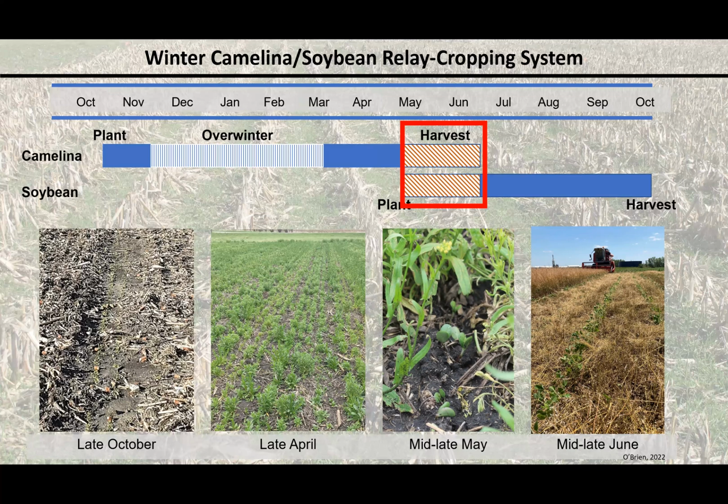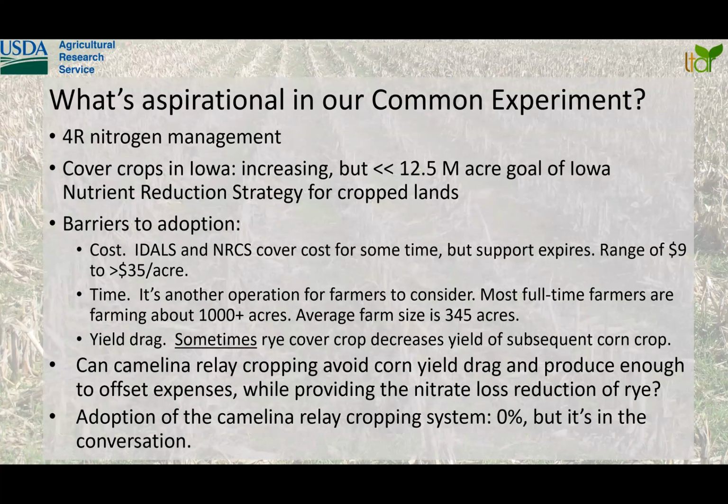This is an oil seed crop. It has pods, siliques, I believe they're called. And you just harvest that crop right over the top of the soybean plants. And then the soybeans are allowed to grow. So that's where our relay system comes in. We're growing corn, Camellina, and soybean in the same land area in 2 years instead of 3 years.